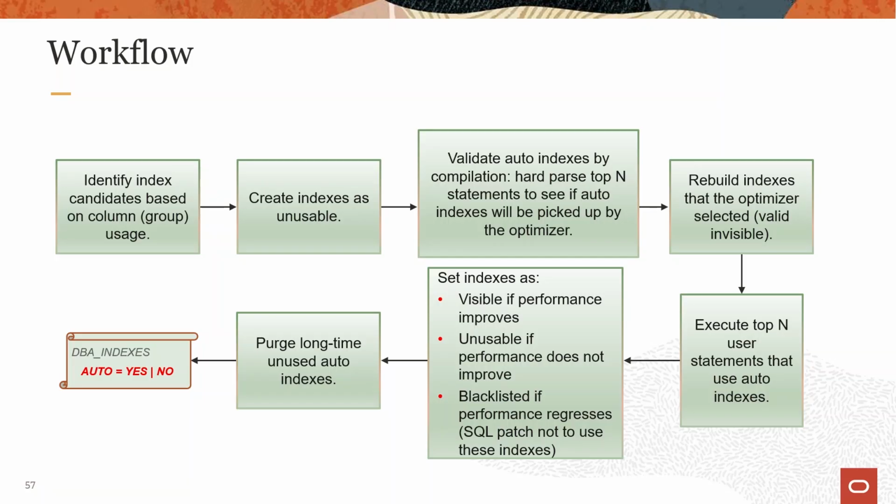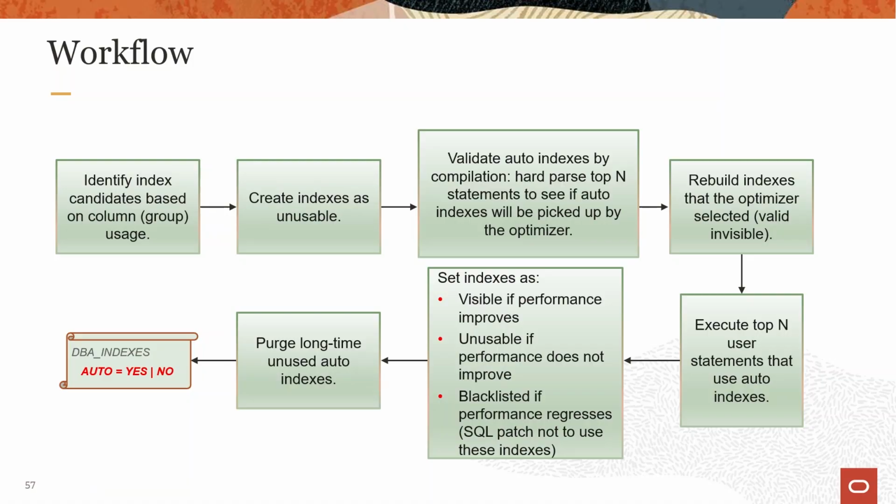If after validation at least one of the statements improves above some threshold, all the indexes rebuilt in the current iteration are marked as visible. If none of the statements improve significantly, they will be once again marked as unusable. In fact, statements that regress are being blacklisted to not use automatic indexes.